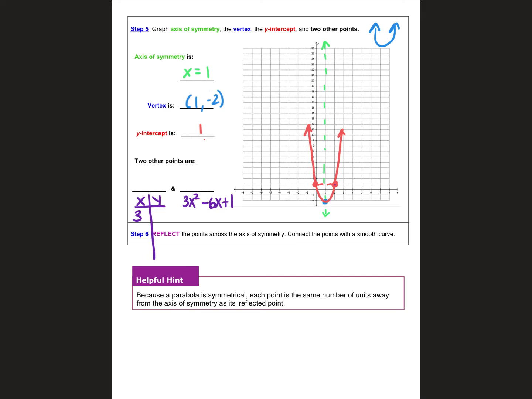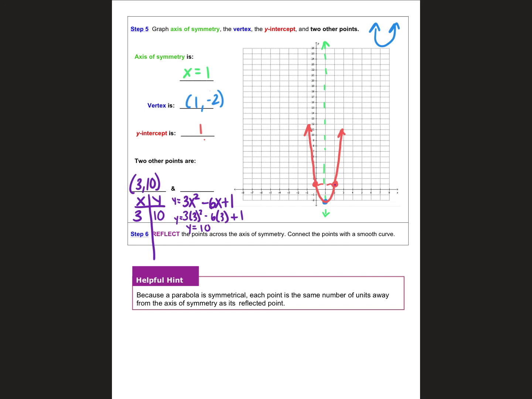If x is 3, then we just plug that into the equation just like we did with the vertex, and you calculate what you would get. You can use your calculator or you can actually multiply this out, and you'll get what y equals. That's the whole point of the equation. So we would get y equals 10. So another ordered pair that I can have is 3, 10.